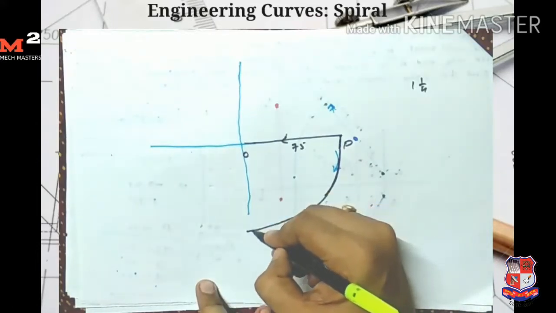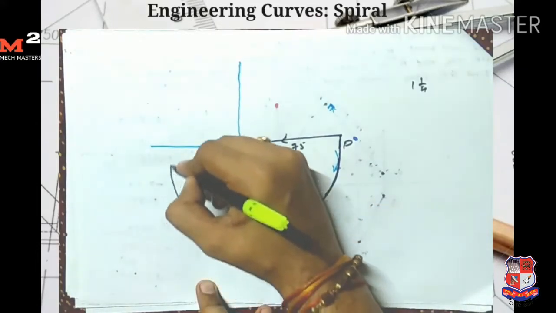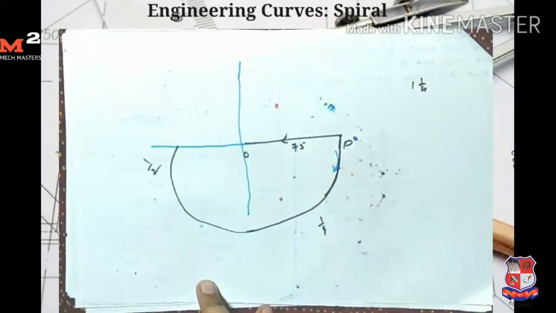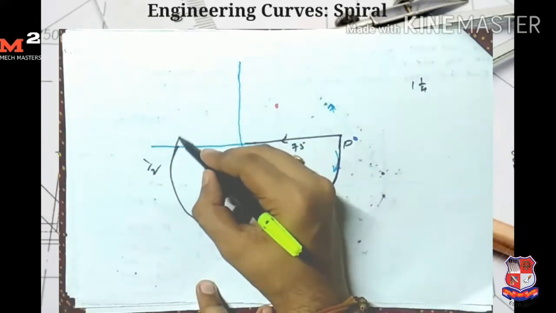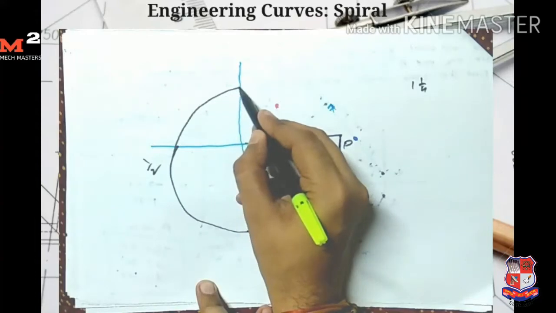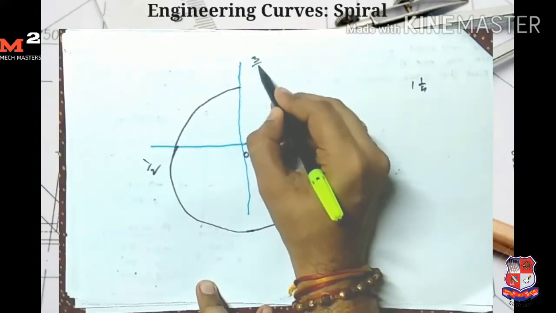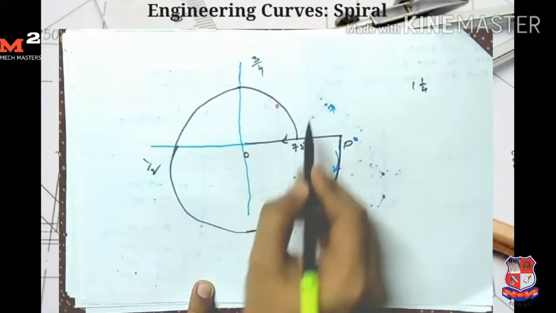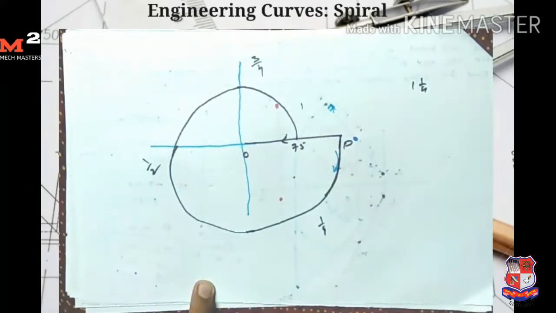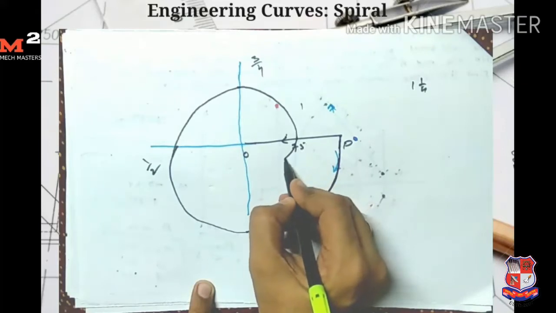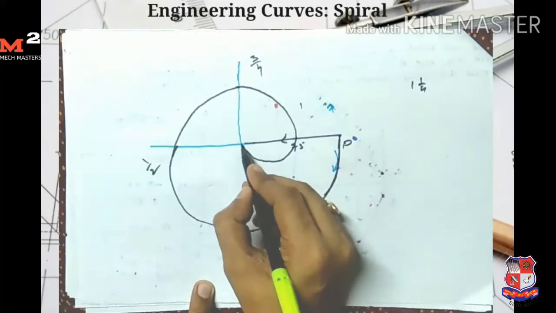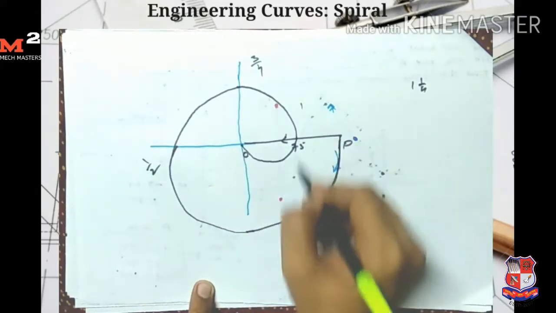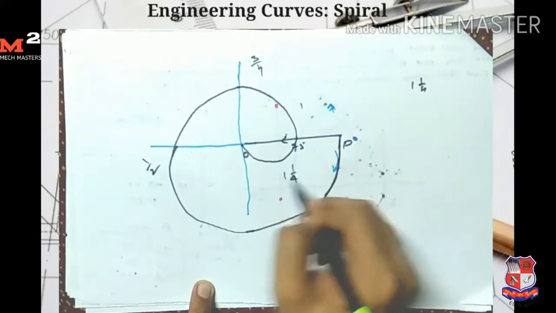Then here, half revolution. Then here, 3/4 revolution. Then back here, it completes 1 revolution, and it reaches the point O after completing 1 and 1/4 revolutions.